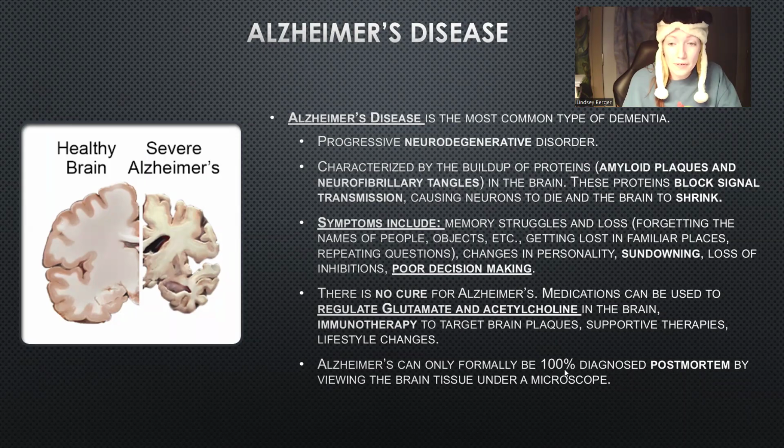If the family wants to know for sure, they will take some of the brain tissue post-mortem, after death, and look at it under a microscope. I'll show in the next slide some things that they'll look for. Obviously you can't do this with persons alive.